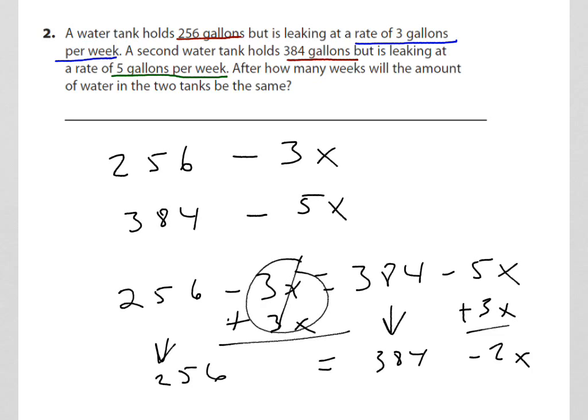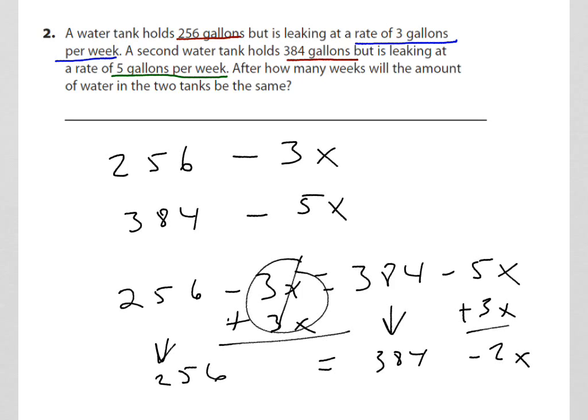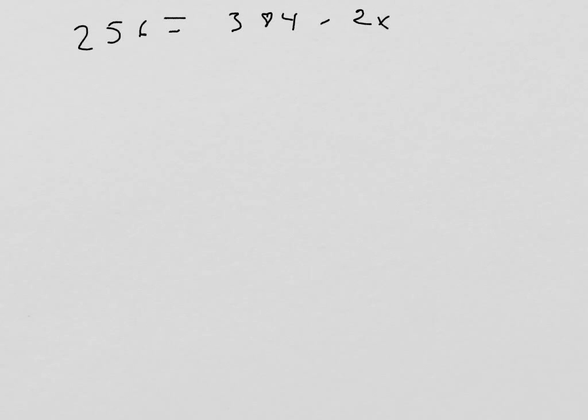So that's 256 is equal to 384 minus 2x. So let's go ahead and put it here. 256 is equal to 384 minus 2x, I think is what we have exactly. So here we have no other choice but to subtract 384 from both sides.